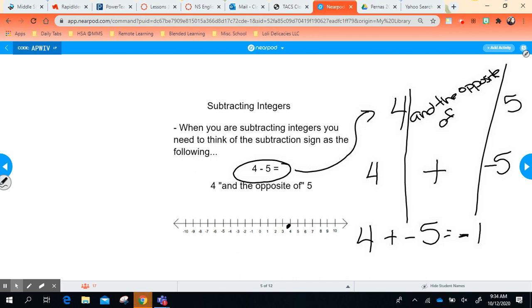So I'm going to go 1, 2, 3, 4, 5. So I end right here, which is negative 1. You have a number line already on your paper. Use it.